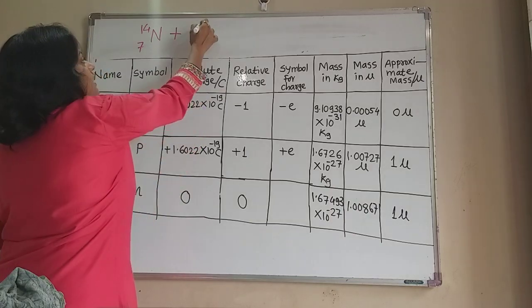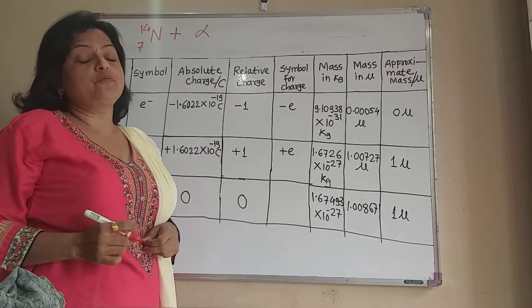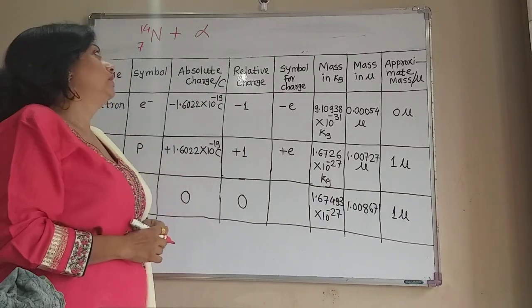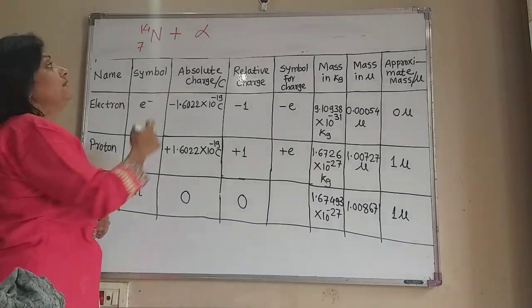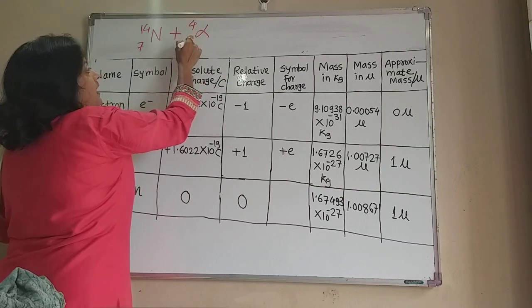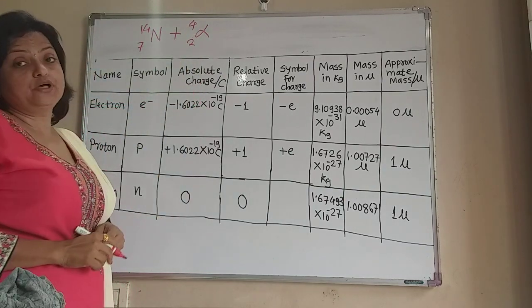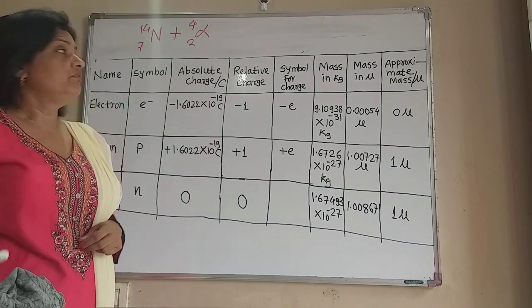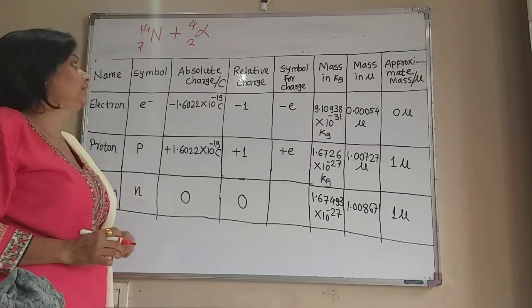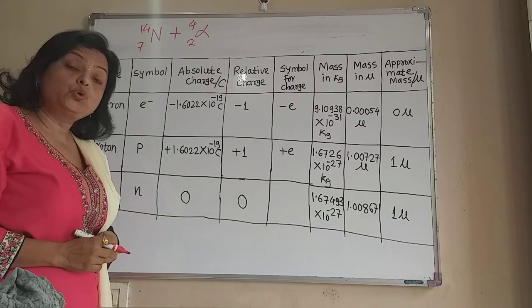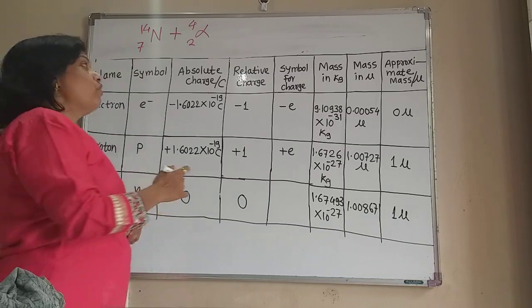particles, you know the alpha particles from Rutherford's experiment. We know the Rutherford experiment. In it, alpha particles have mass 4 and charge +2. Now when these alpha particles are bombarded on these nitrogen atoms, what happens?